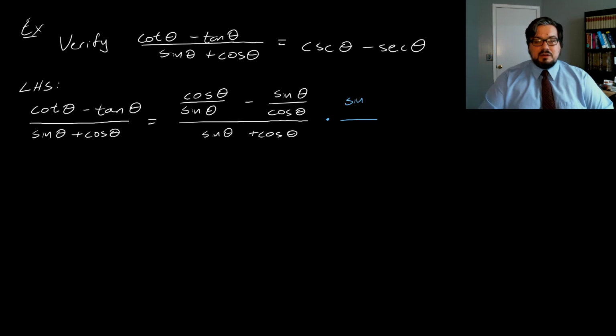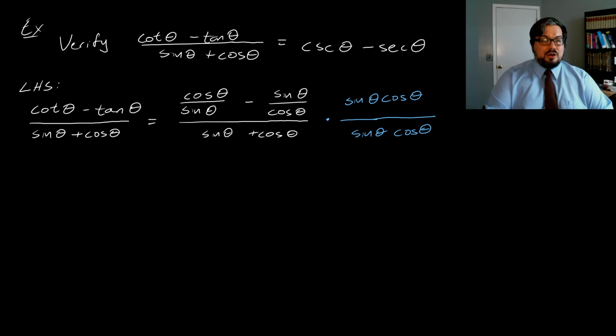So, in this case, the small fractions inside have denominators of sine theta and cosine theta. So, let's multiply the top and bottom of this expression by sine theta cosine theta, and see what we get.